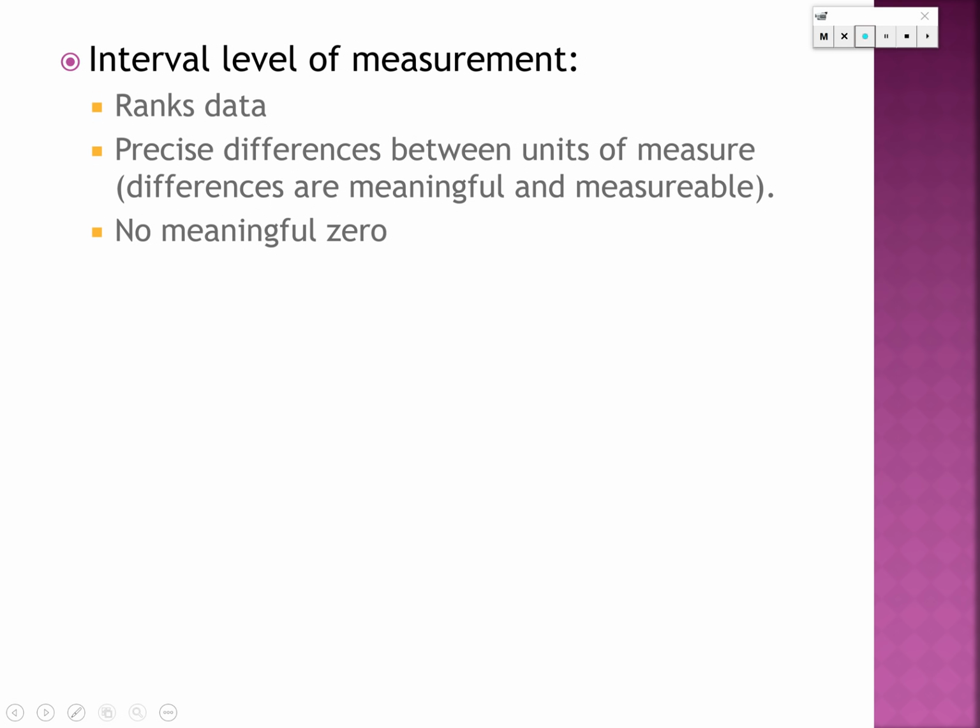So for example, if we're measuring temperature, there is 0 degrees, but it doesn't mean that there's no temperature, that temperature doesn't exist. So 0 doesn't mean 0. Doesn't mean there's not temperature. There is temperature, it's just measuring at 0.